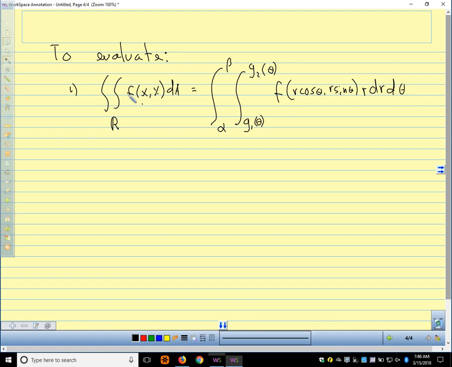So we're transforming this double integral in rectangular coordinates to an iterated integral in polar coordinates.